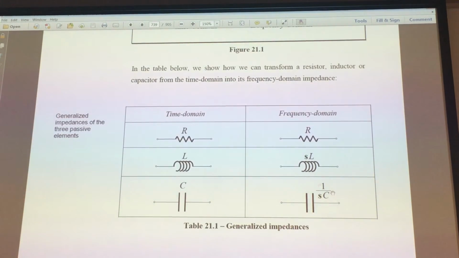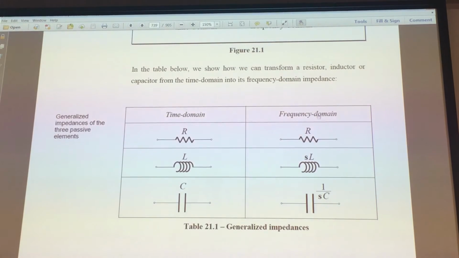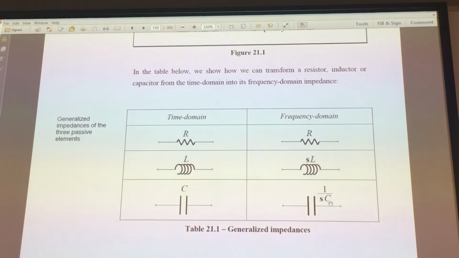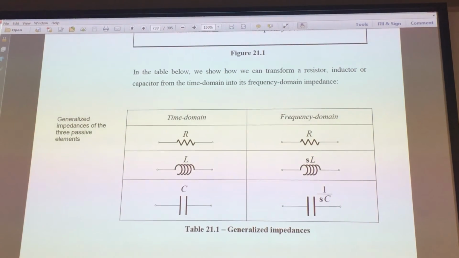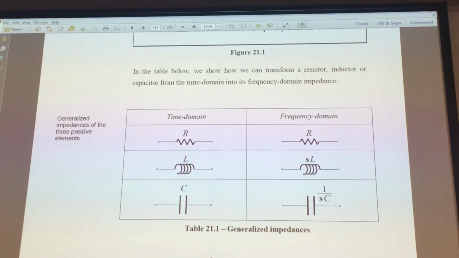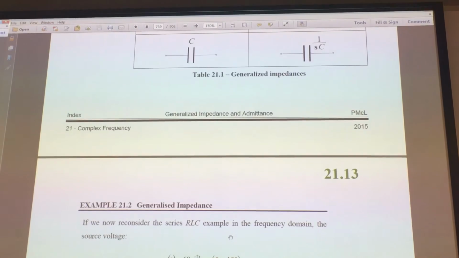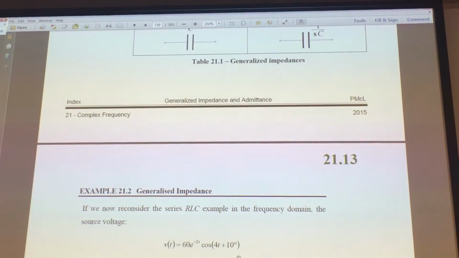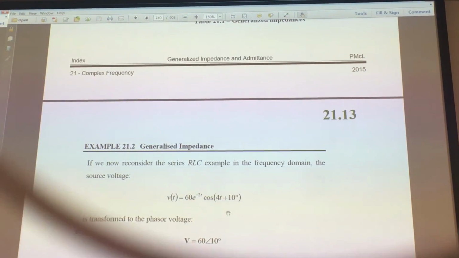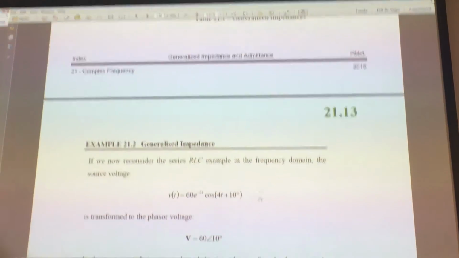And the same will happen to the other reactive component, which is the capacitor. So we have its impedance as 1 over sC. And a resistor, of course, doesn't change in the frequency domain. So let's just redo that example.